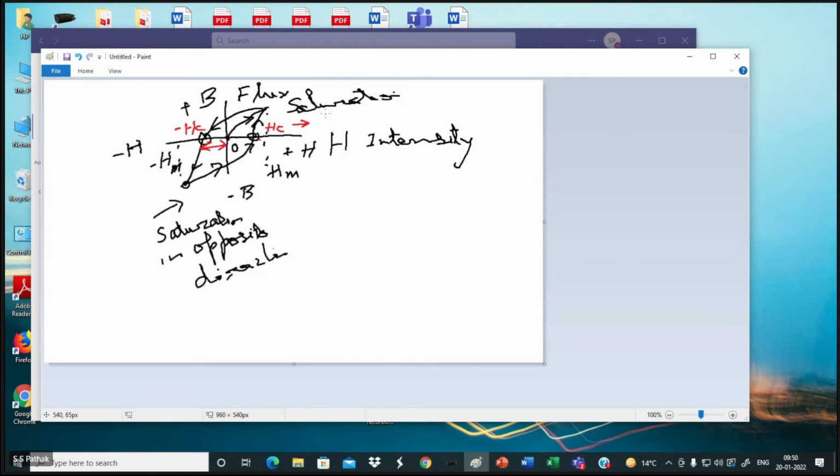Coercivity. So flux becomes 0 at plus Hc, flux becomes 0 at minus Hc, but still it has not gone to the 0 state. That is remaining. That is coercivity.